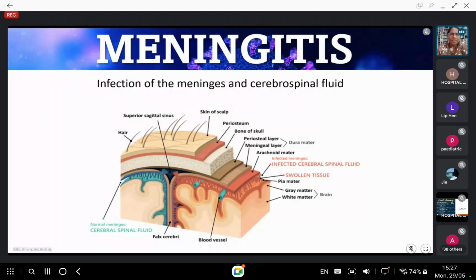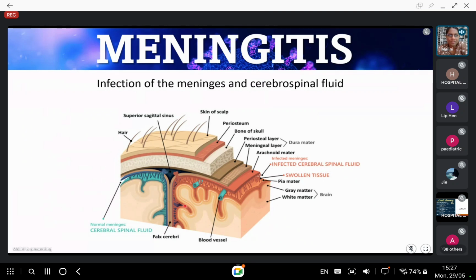So in meningitis, there is infection of the CSF with the arachnoid mater and pia mater. The adjacent gray matter is also inflamed. So this is meningitis.